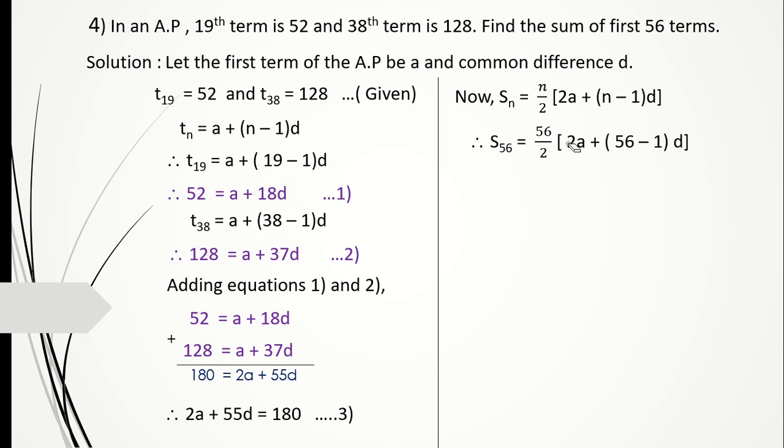N we know, 56, 2A, 56 minus 1 is 55. So here also we got 2A plus 55D. Now we know the value of 2A plus 55D is 180, so that is directly substituted over there.